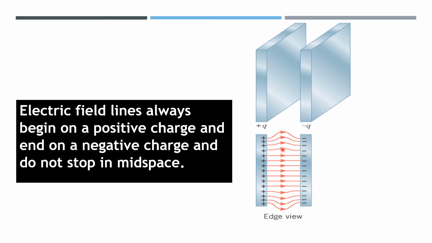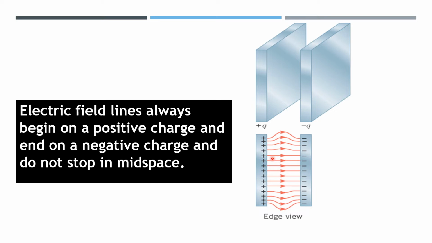But as you go closer to the opening, notice that there is some kind of curving. The tendency for the electric field lines is to curve outward. That simply means that it's somehow decreasing in amount or value.